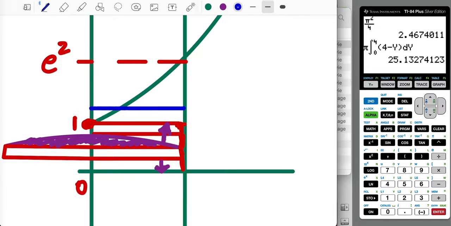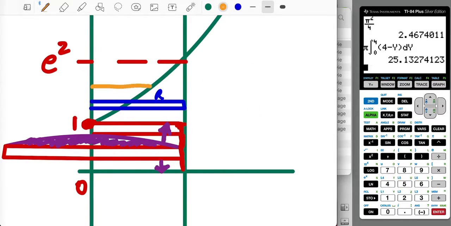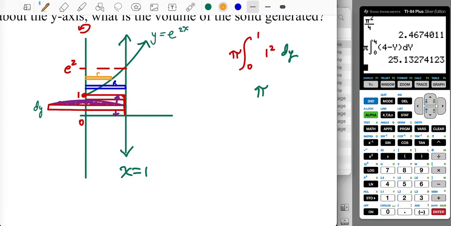My outer radius, which I'll call capital R, and my inner radius, let's go with an orange, and that's going to be a lowercase r. So the outer radius, that's easy because again, that's the known constant value of 1.